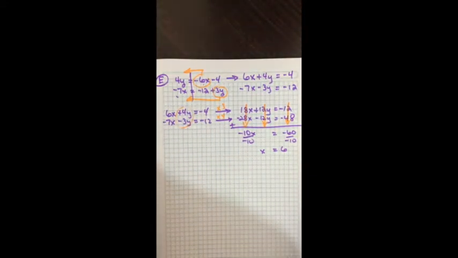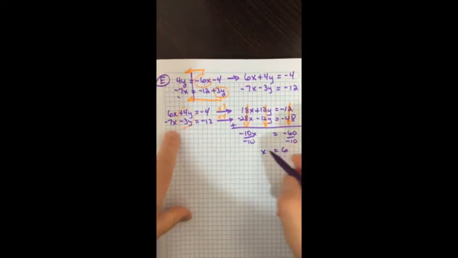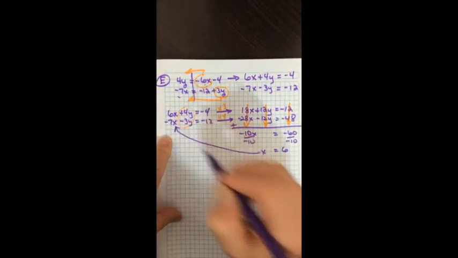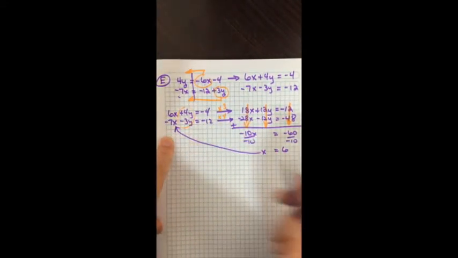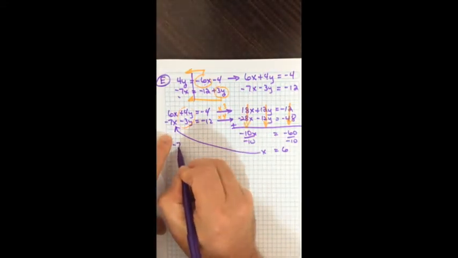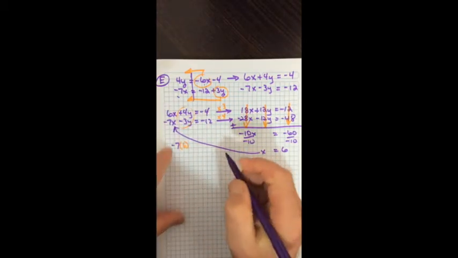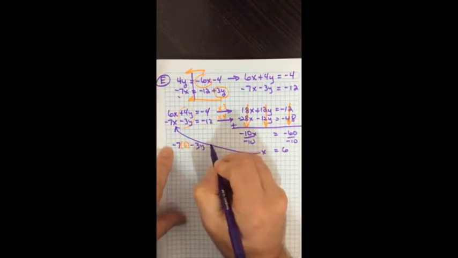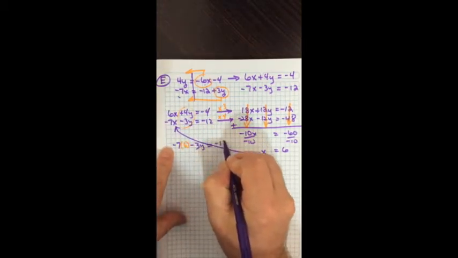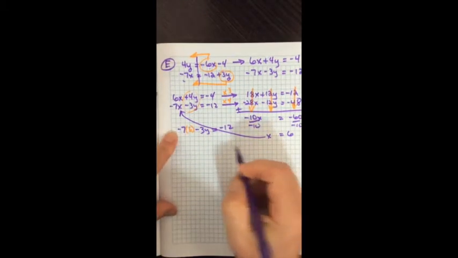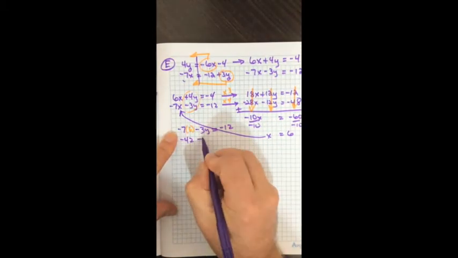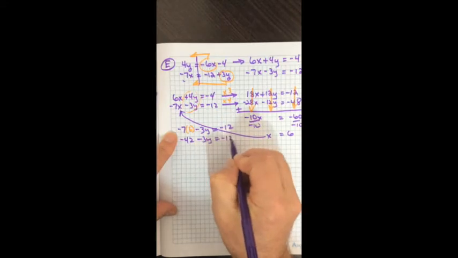I'm going to go ahead and take that 6 and put it any place there is an open x, which on my paper is right there. So that's going to be negative 7 times x, which is now 6, minus 3y equals negative 12. This is negative 42 minus 3y equals negative 12.